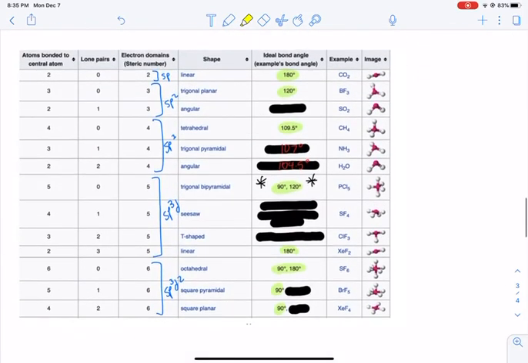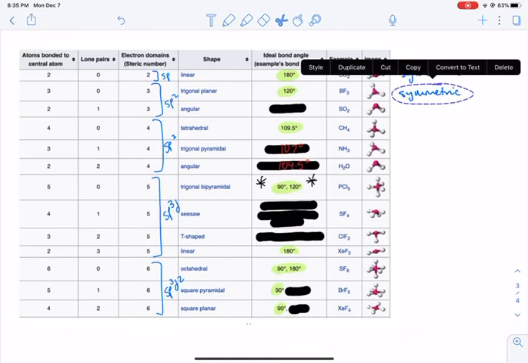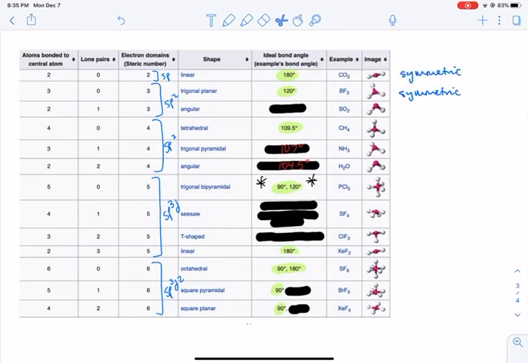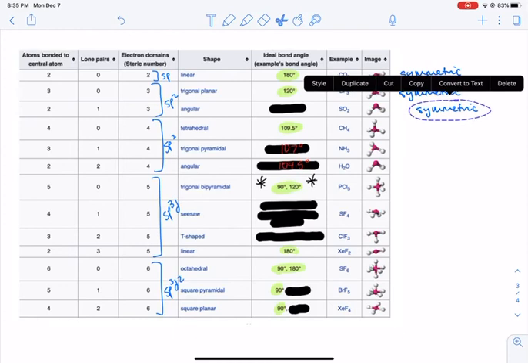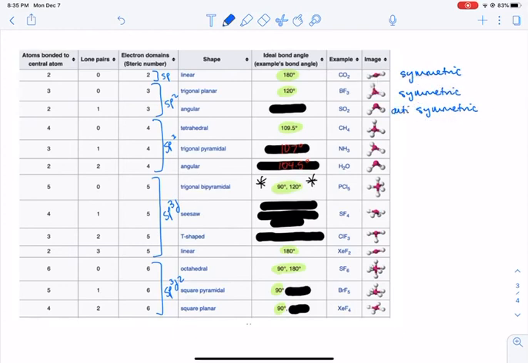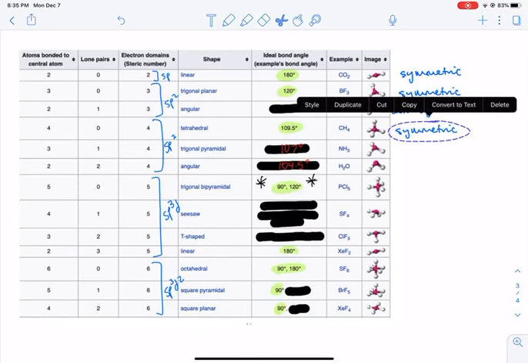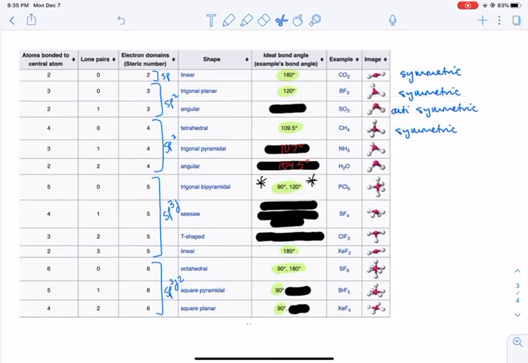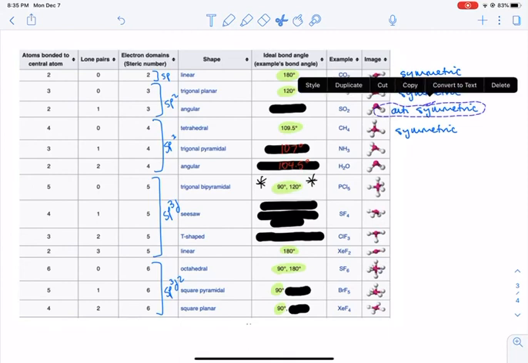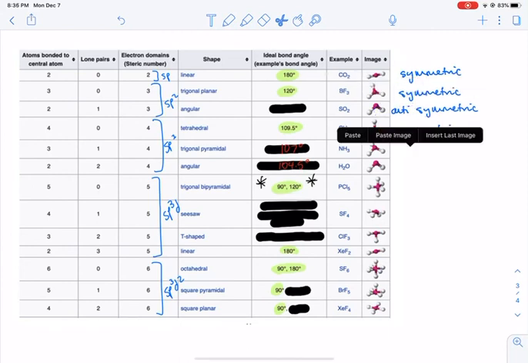So if we go through and look at our list, we'll say linear is symmetric, trigonal planar is symmetric. I'm going to copy that. Angular is, we'll say, antisymmetric. Tetrahedral is symmetric. Trigonal pyramidal is antisymmetric.